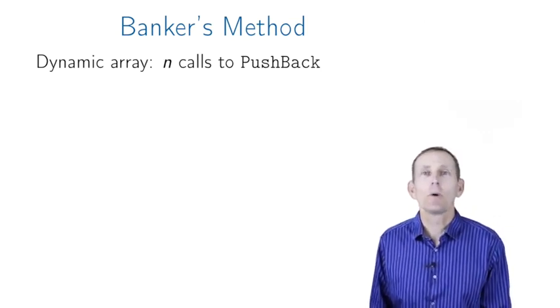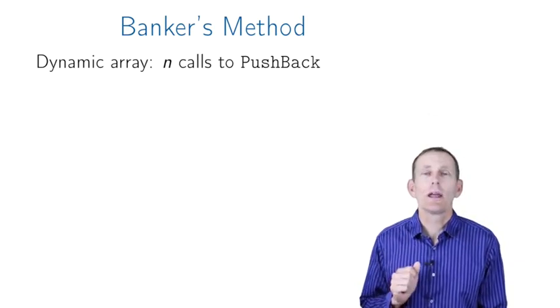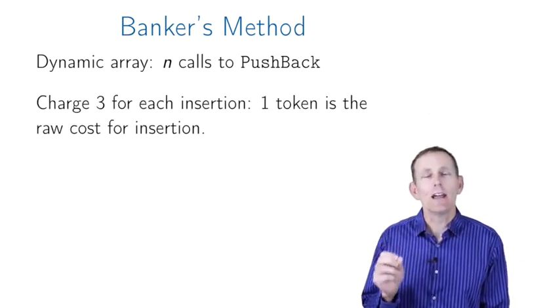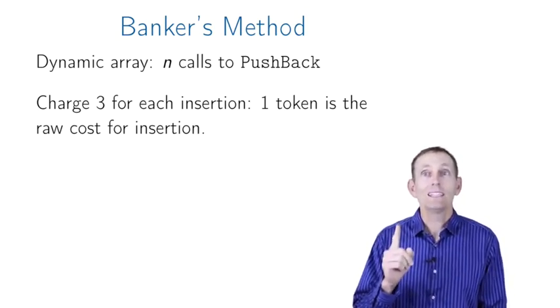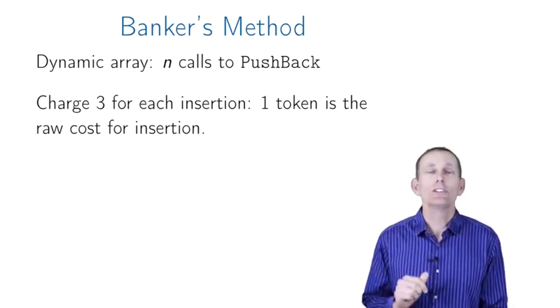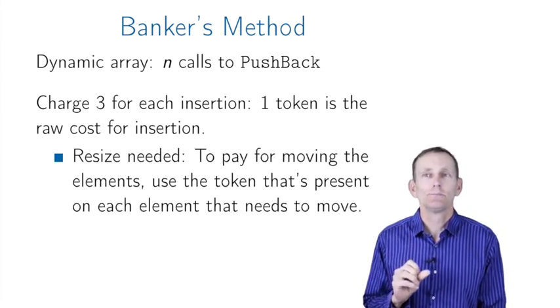Let's look at this same example where we have a dynamic array and we have n calls to pushback starting with an empty array. The idea is we're going to charge 3 for every insertion. So every pushback, we're going to charge 3. 1 is the raw cost for actually moving this new item into the array, and the other 2 are going to be saved.